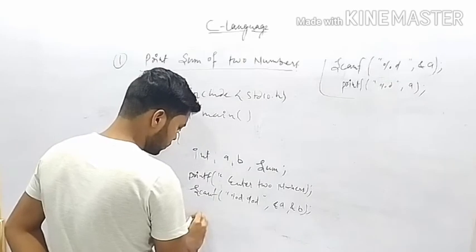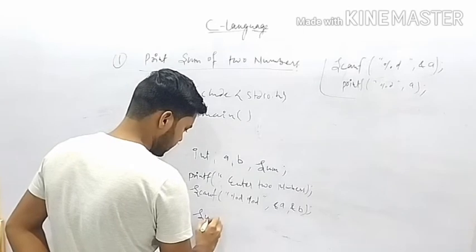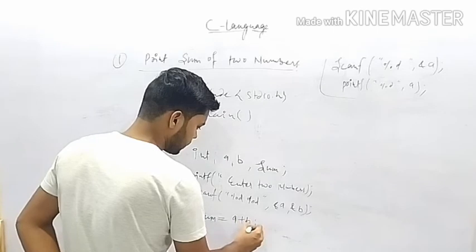Now we have to store the sum of these variables in our sum variable, so sum = a + b.